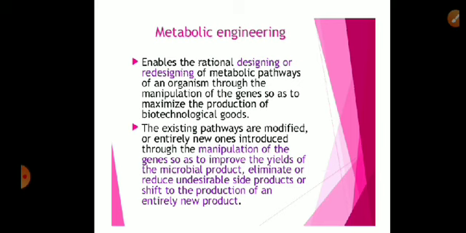So the existing metabolic pathways in an organism are modified, or completely new pathways are introduced by inserting a foreign gene, so that you get more yield of the product and reduce or eliminate unwanted side products, or produce a totally new product.